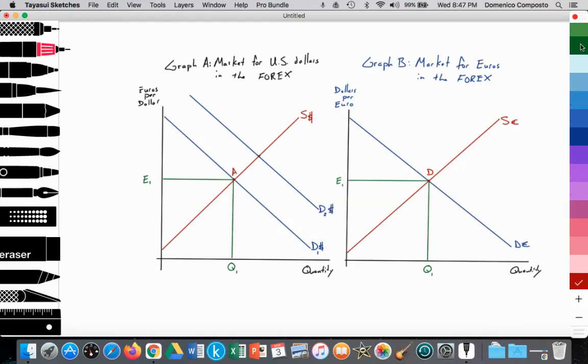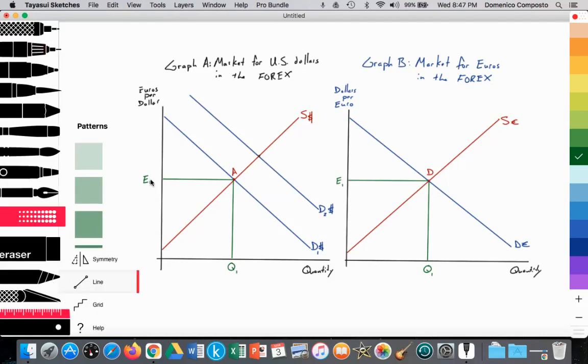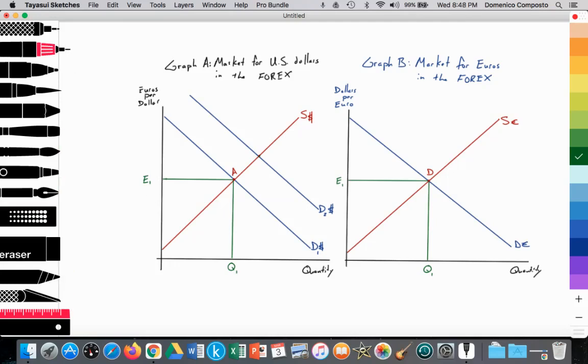So let's assume that the price or the exchange rate is held constant in the short run. From E1, so being held constant, right? And here we see that the quantity demanded has increased from Q1 to Q2.